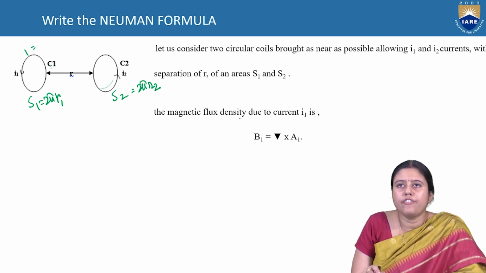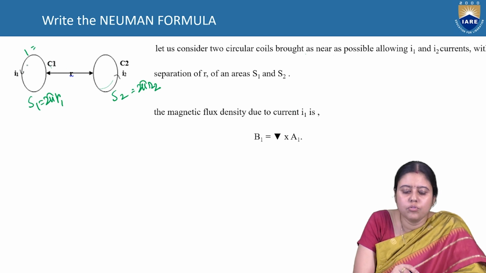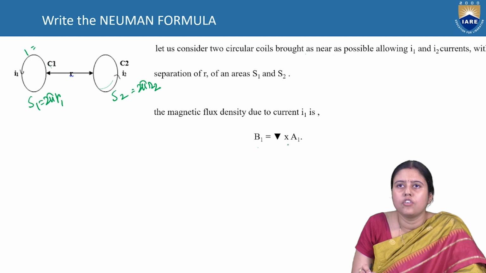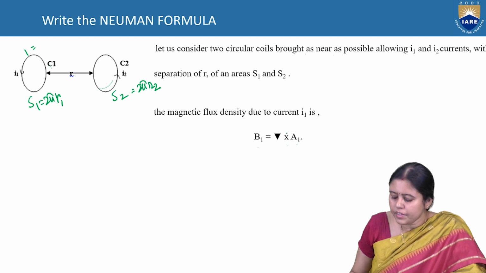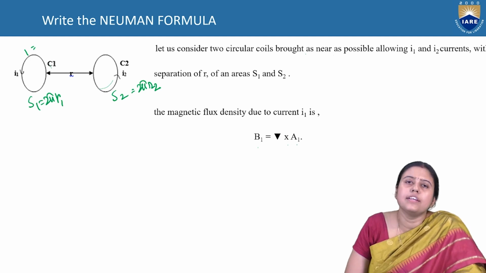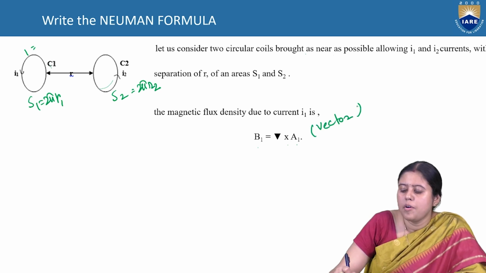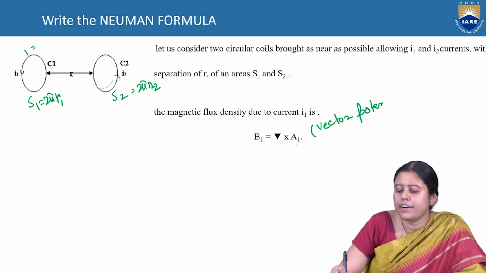So the magnetic flux due to the current I1 is B1 equals grad cross A1. What is A1? A1 is nothing but the vector potential or magnetic vector potential.